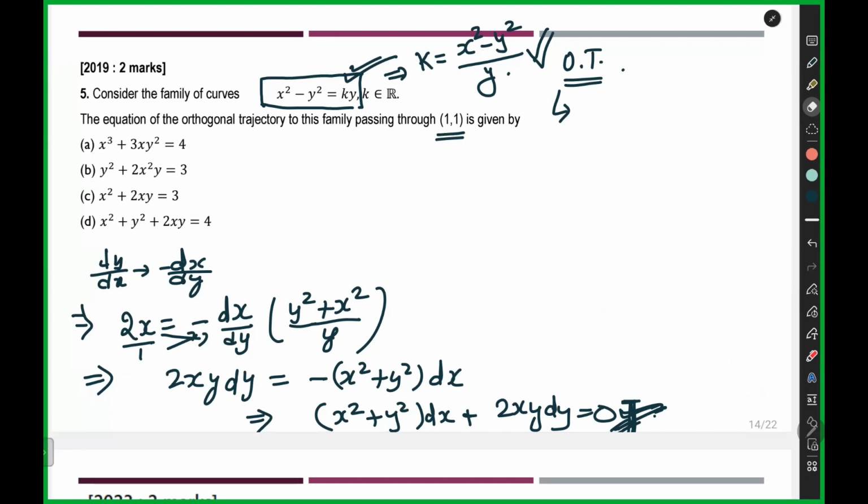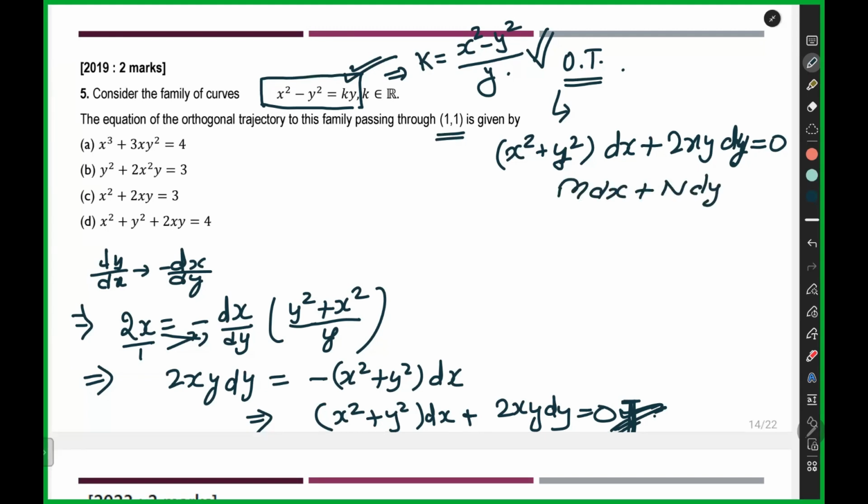So now what do we have? We have a first order differential equation, and we already studied the methods, like separation of variables and the exact differential equation type. Can we check whether the given differential equation is exact or not, and find the solution?